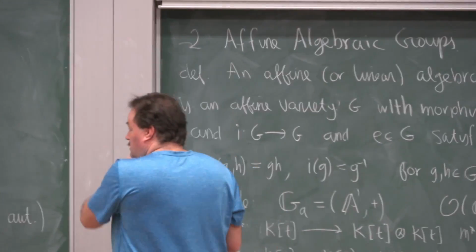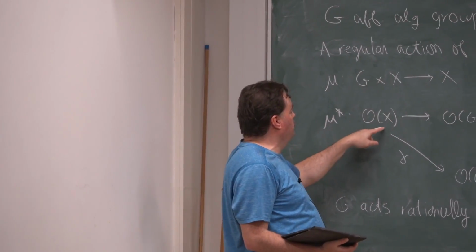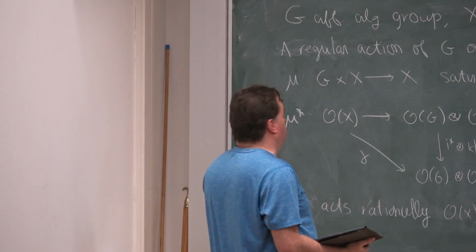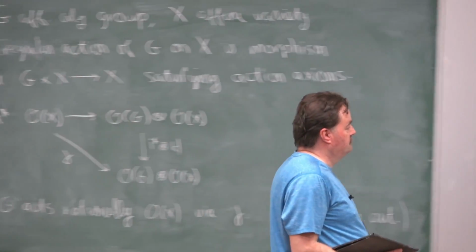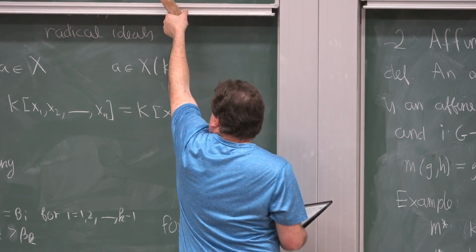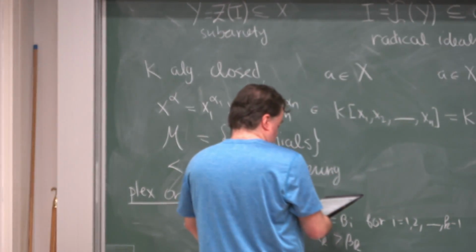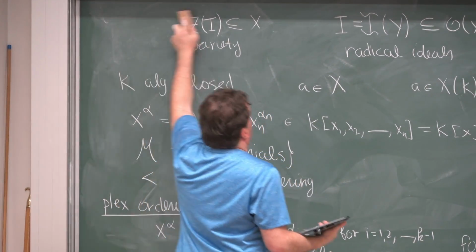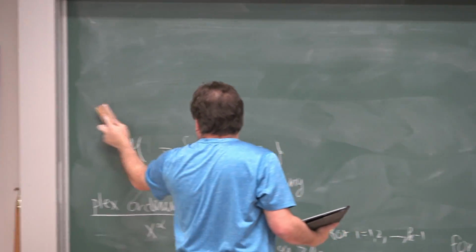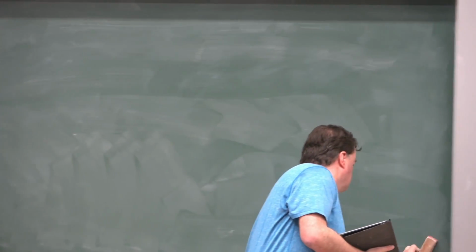For example, if you take any polynomial or any function in here and you let the group act, then the span of that will still be finite dimensional. All right.